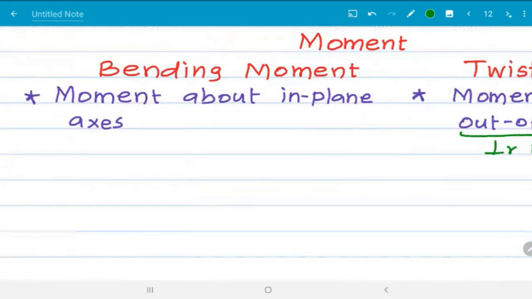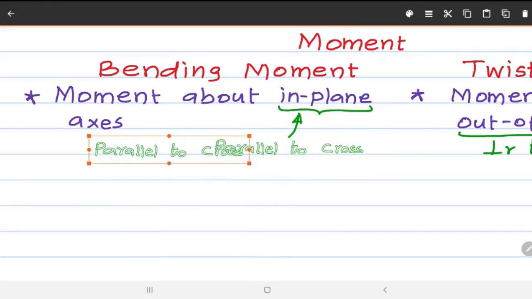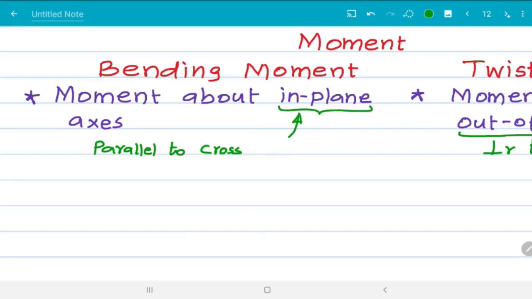In plane means parallel to the cross section plane.